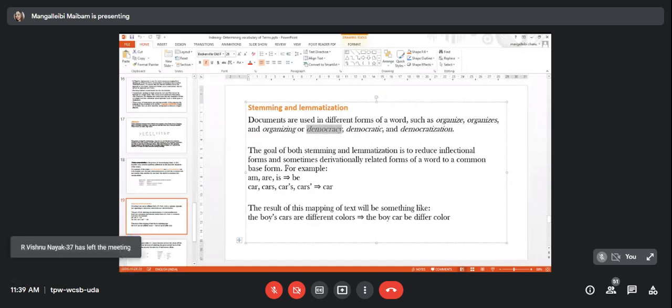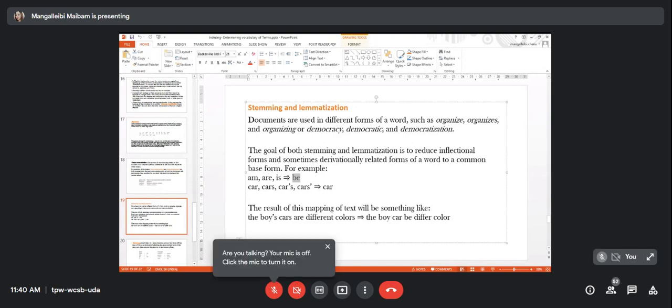You can see examples here: am, are, is. Actually these are stop words, but when you consider them as individual terms, the base form is be. So whenever these terms are present, you will convert them into be. If you don't consider stop words, then convert them into the base form of this particular word.